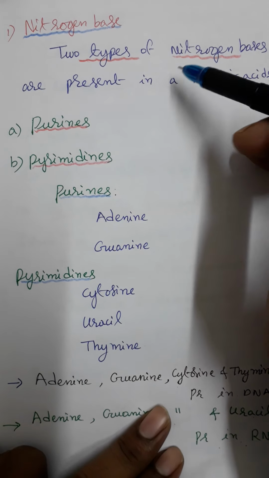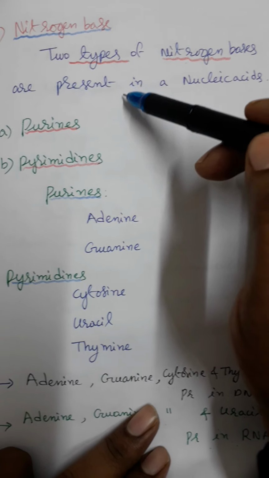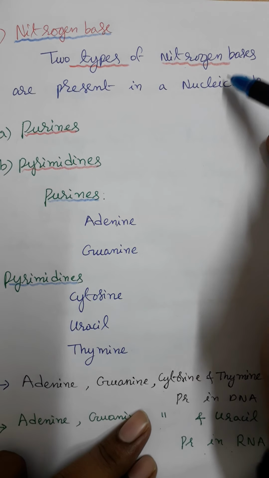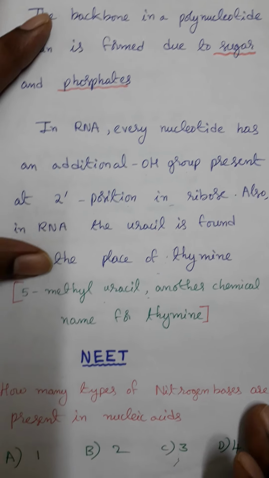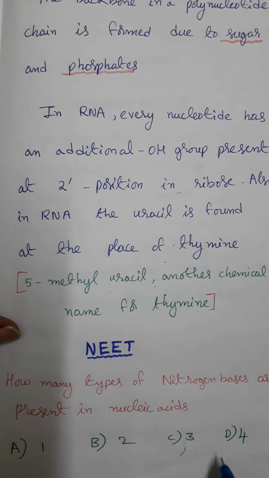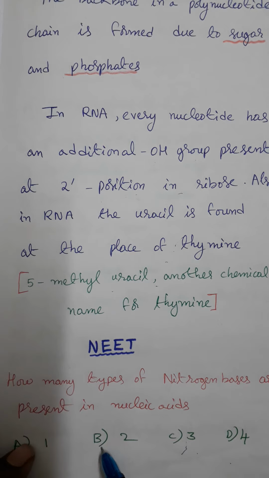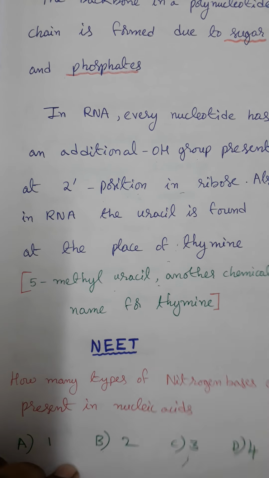This highlighted sentence: two types of nitrogen bases are present in nucleic acids. What are the options given? Option A 1, option B 2, option C 3, option D 4. Among these options, which one is the correct answer? Option B. Two types of nitrogen bases are present.